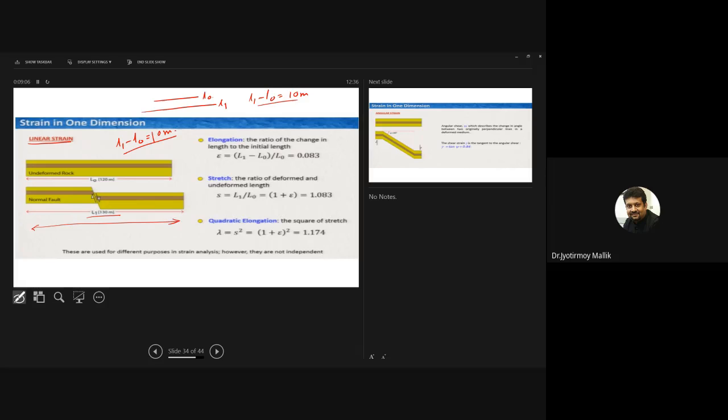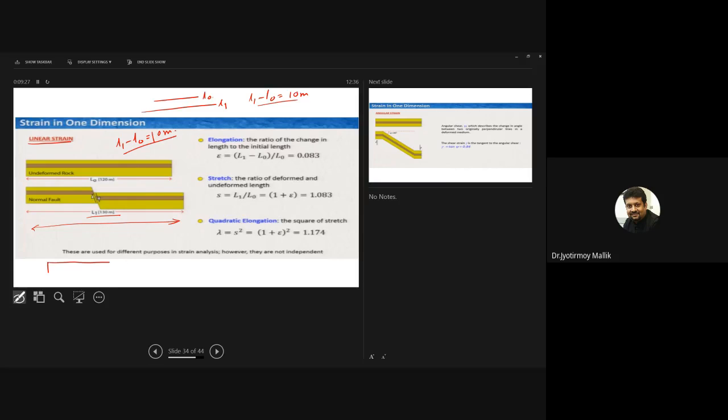Of course, in this case, the deformation has been accommodated by the presence of a normal fault. We will see later on that this normal fault might not always be necessary. This strain can also be accommodated by thinning of the strata. What do I mean by that?